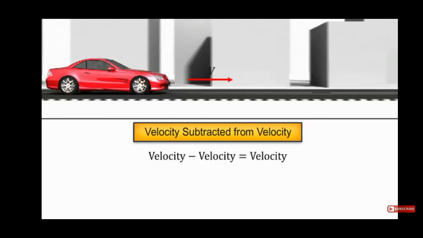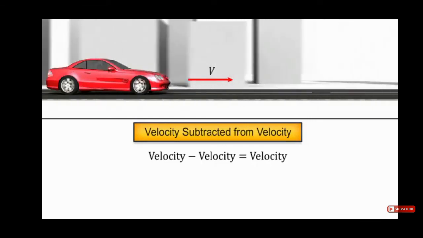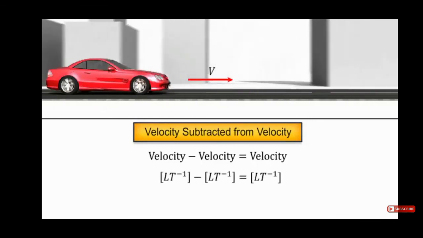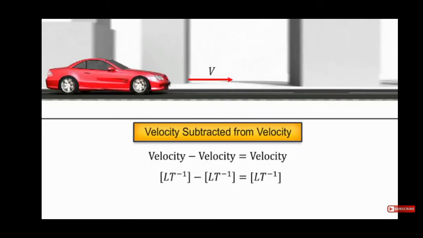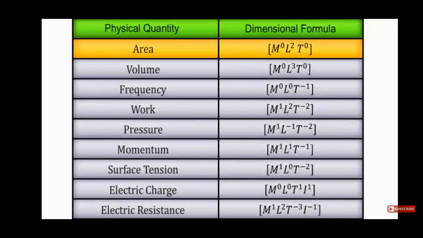Thus, LT^-1 - LT^-1 = LT^-1. The table shows the list of some of the physical quantities and their dimensional formulae. You will learn about the applications of dimensional formula later in the course.